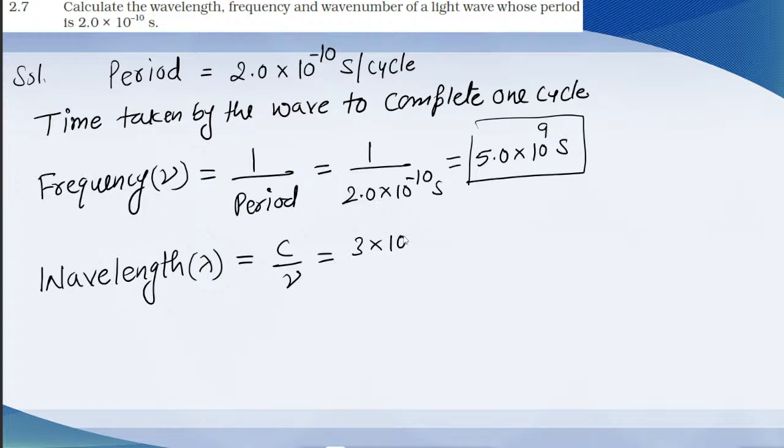The speed of light is 3 into 10 raised to power 8 meter per second, and frequency we have just calculated, 5.0 into 10 raised to power 9 per second. So it is 6.0 into 10 raised to power minus 2 meter, right?